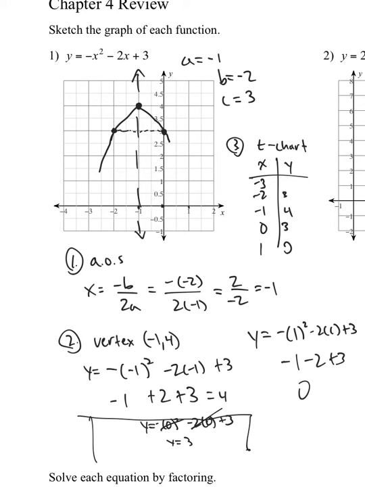So 1, 0 is a point on this graph. And that reflects to negative 3, 0. And so that's graphing a parabola. That one opened down. The a value is negative, that's why it opens down. The other one should open up.